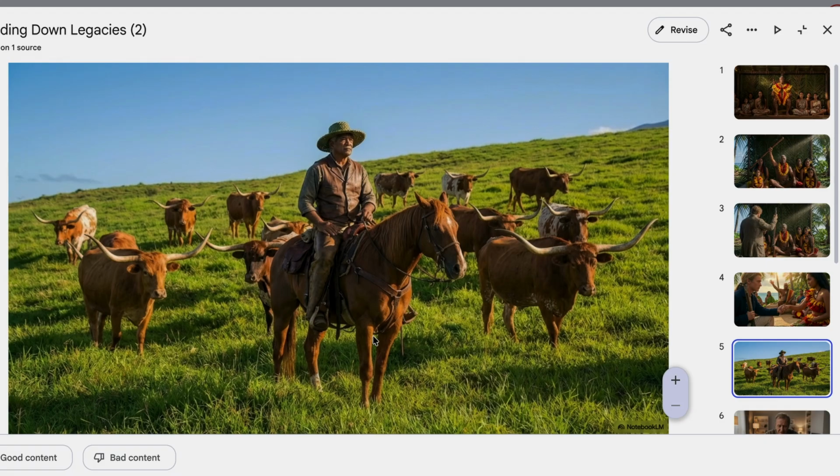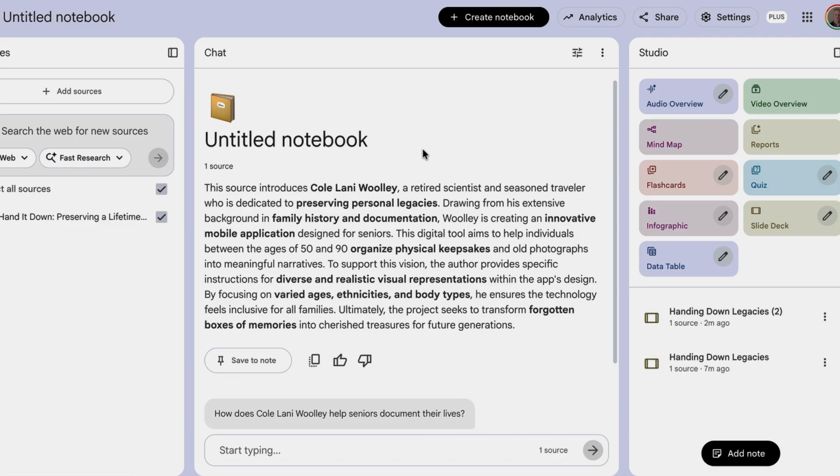It's really simple. And what I have is this NotebookLM from Google to be able to do this. And I can just create and create and create.